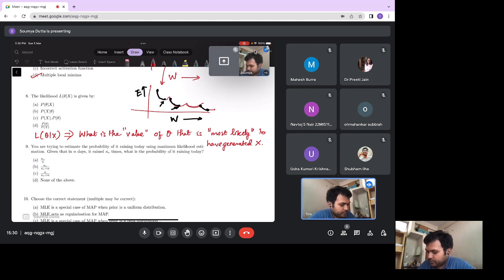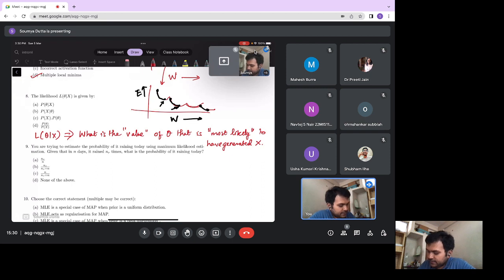So for likelihood, just from the English term, theta is your unknown. So what is that value of theta for which the likelihood of my data, or the probability of my data getting generated, is maximized?